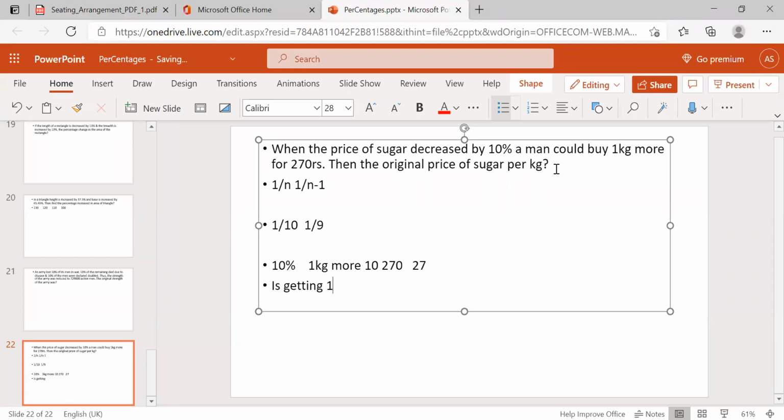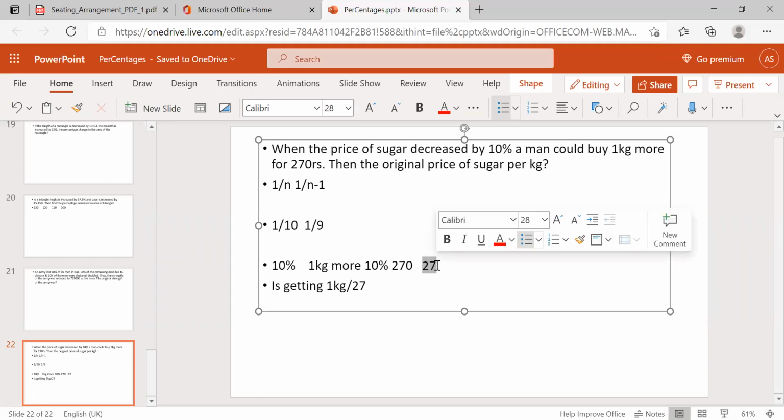So he saved the 27 rupees. With that 27 rupees, he purchased 1 kg extra sugar. That means the 1 kg price is nothing but 27, that is after decreasing.